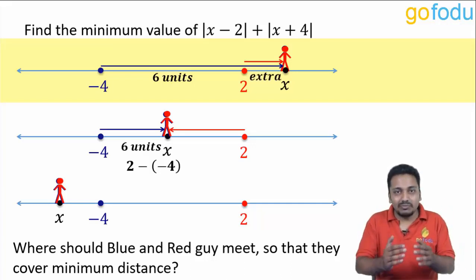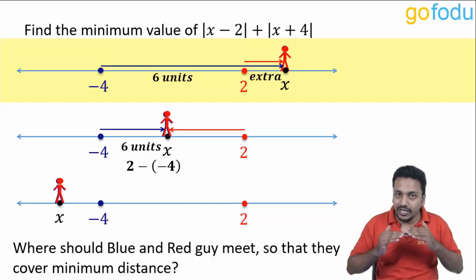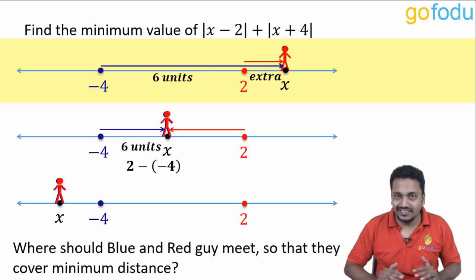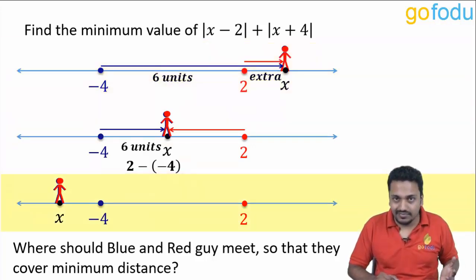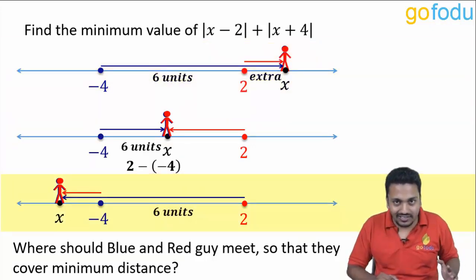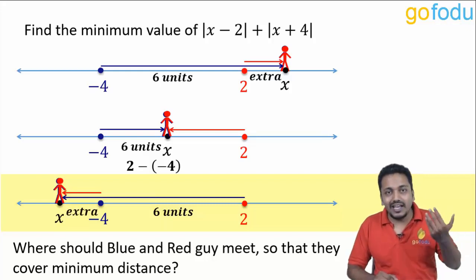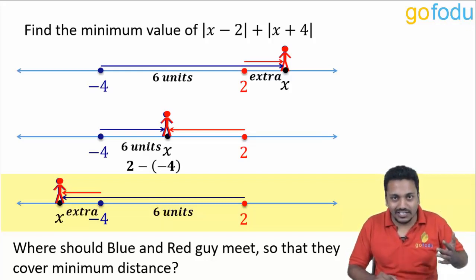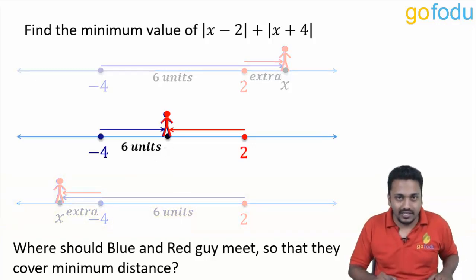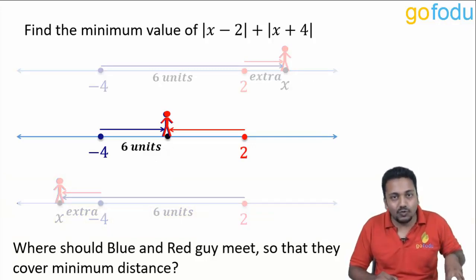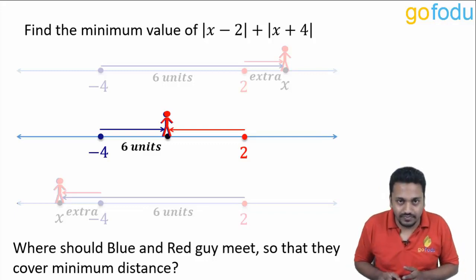So the minimum distance amongst the first and the second case would be in the second case only. The same scenario would occur in the third case as well, 6 units plus something extra. Basically, the second case is going to give us the minimum distance. They will have to meet between minus 4 and 2.